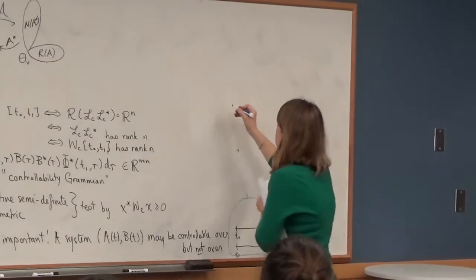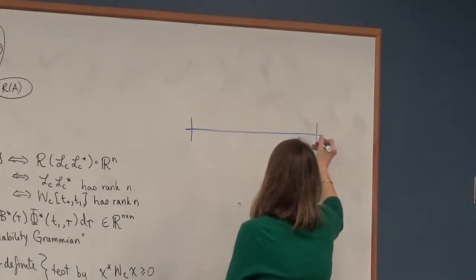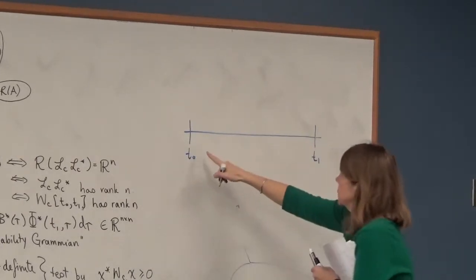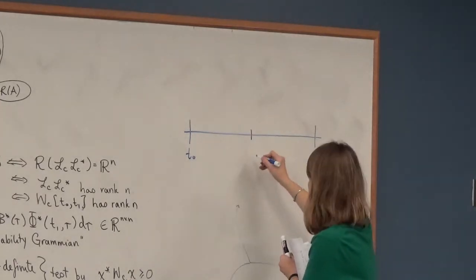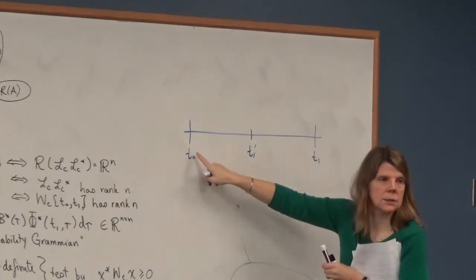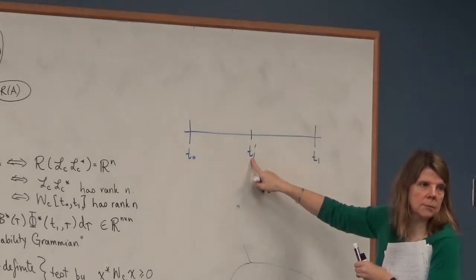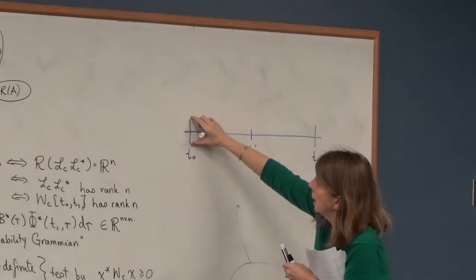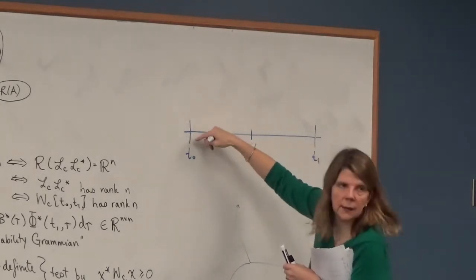What we mean here is that if we look at the time interval t0 to t1, and the system is controllable over t0 to t1, it's controllable over any subinterval starting at t0 and going up to some time t1 prime, which is less than t1. By subintervals, I mean you have to start at that same time.